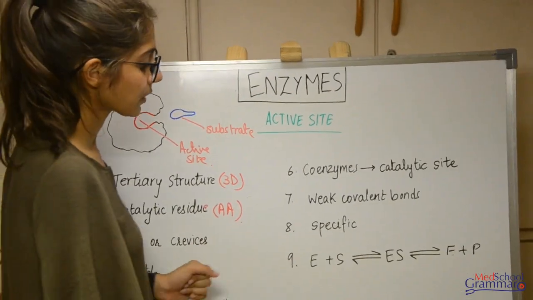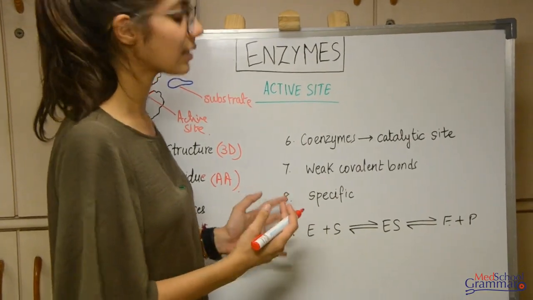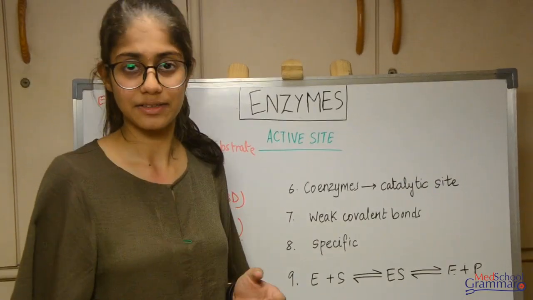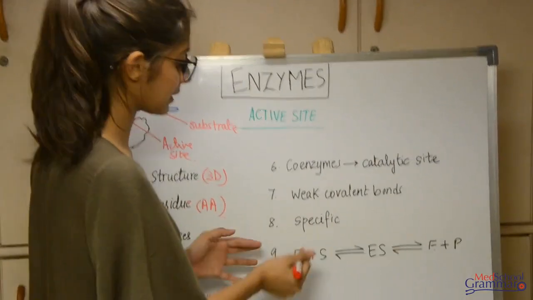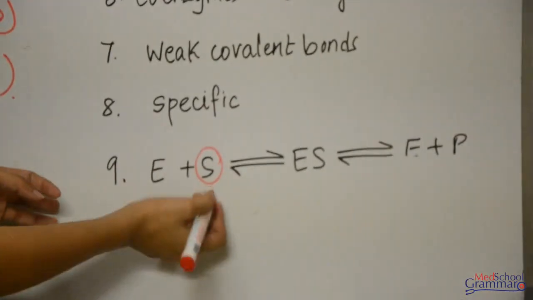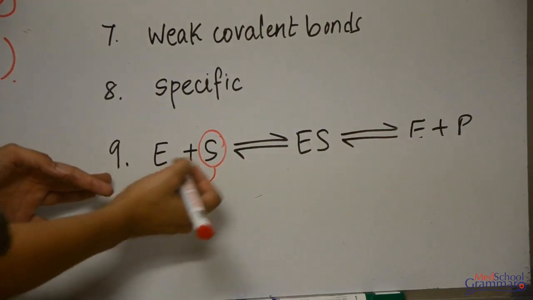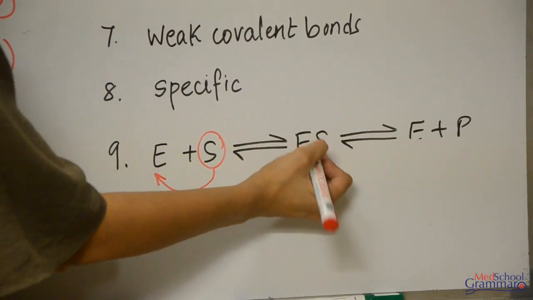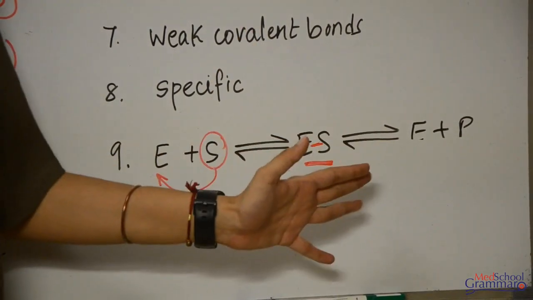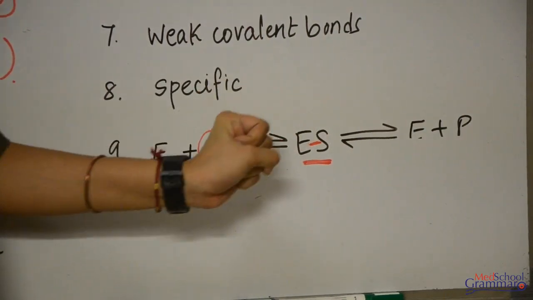Take a close look. It is about the reaction that occurs at the active site. So what exactly happens? Your substrate comes and binds at the active site with the enzyme. Together they form an enzyme substrate complex.